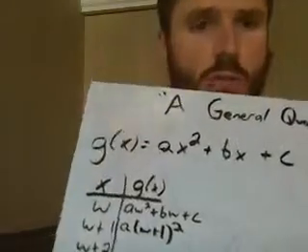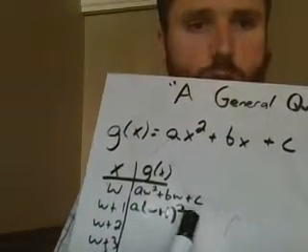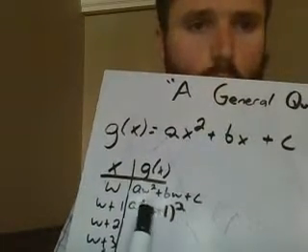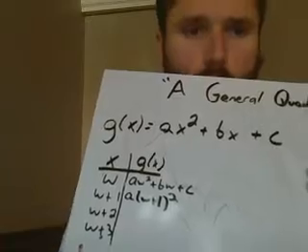Why do we have to use parentheses? It's because we're squaring this whole thing. All of w plus 1 gets squared. Plus b, once again, times the quantity in parentheses, w plus 1. All of that plus c.